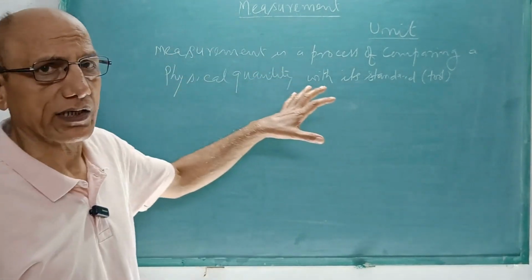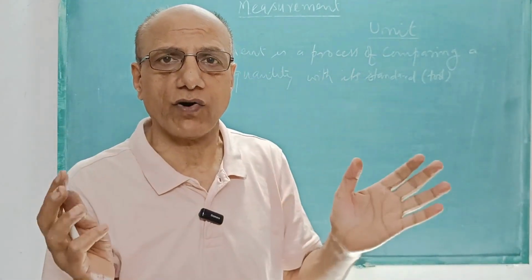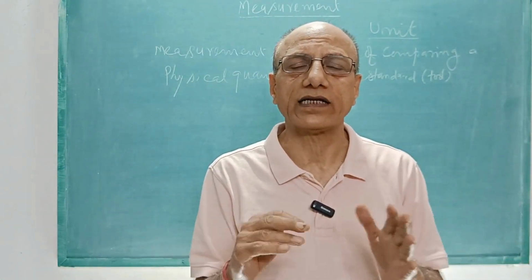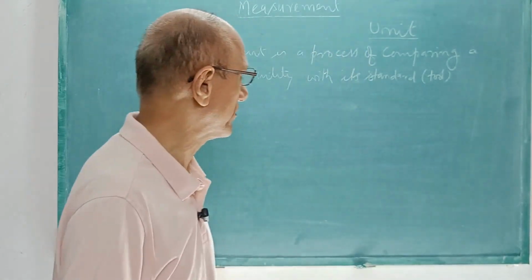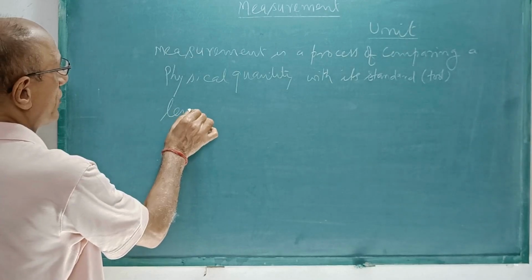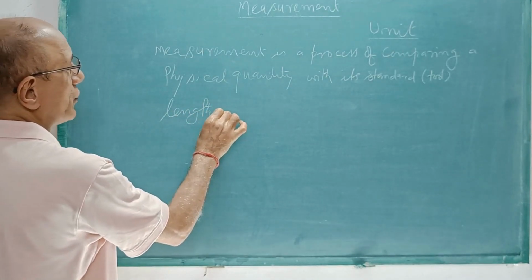And the unit for different physical quantities is different. It is not that the same unit is there for every physical quantity. So different physical quantities have different units. We will discuss it later.